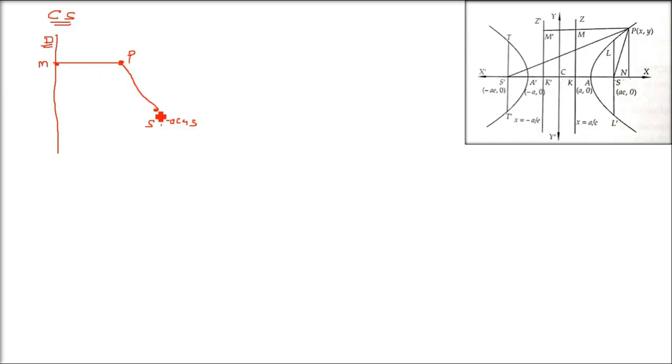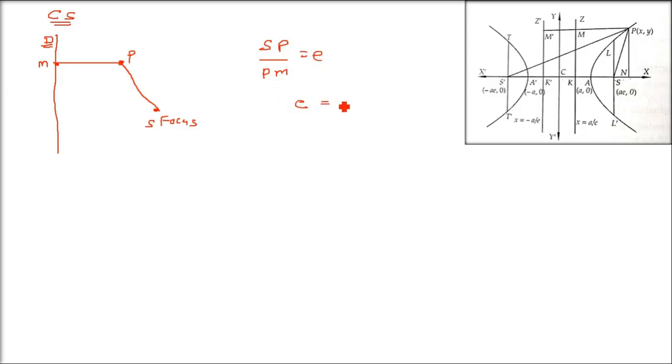If I call this moving point P, S is the fixed point focus, and M is such that PM is the distance of this point P from this fixed line, the directrix, then we have a ratio. That ratio is nothing but the definition of any conic section: SP distance by PM distance is equal to E.